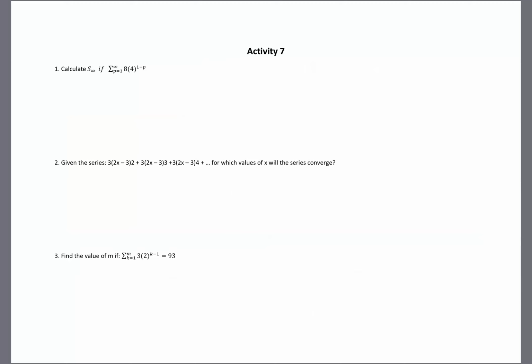Okay, let's just do these 3 questions quickly. So it says, calculate S to infinity if my sum, I have a sigma notation here and I have infinity on top, starts at p is equal to 1 and it's 8. No, sorry. It's 4, 8 to the power of 1 minus p, right?